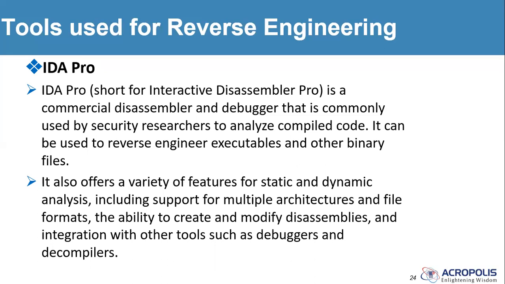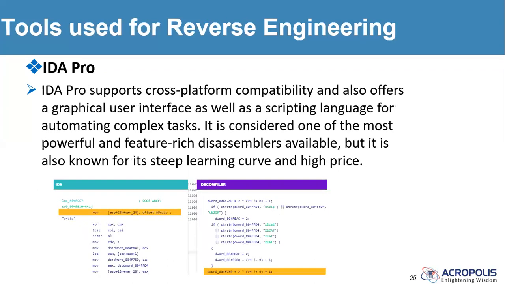It also offers a variety of features for static and dynamic analysis, including support for multiple architectures and file formats, the ability to create and modify disassembly, and integration with other tools such as debuggers and decompilers.